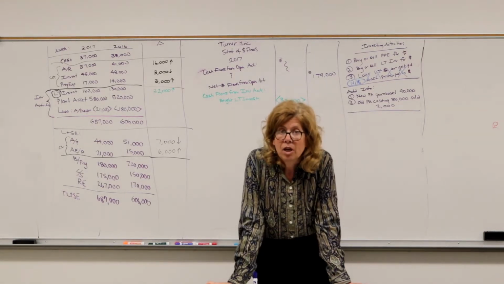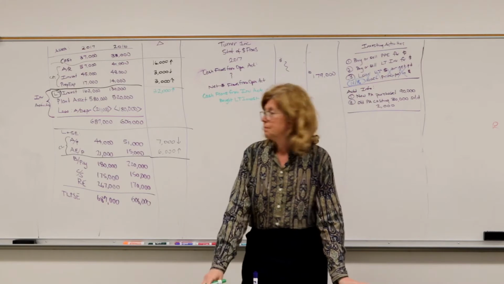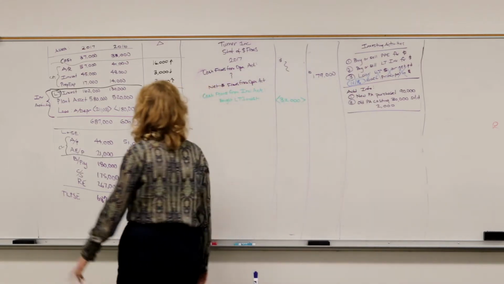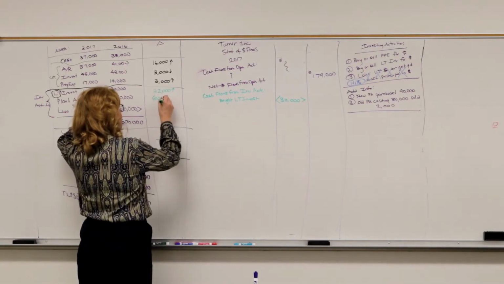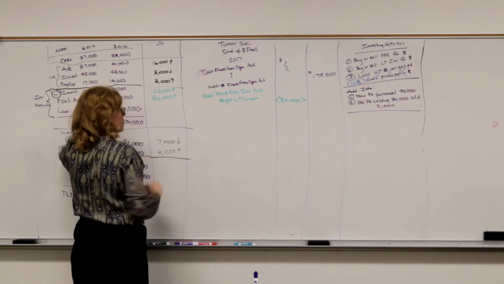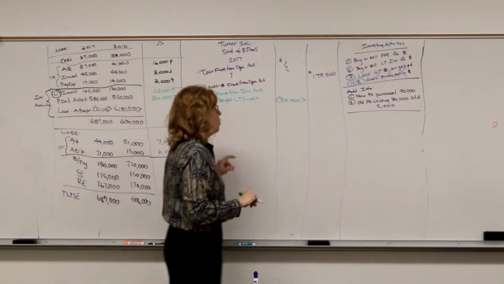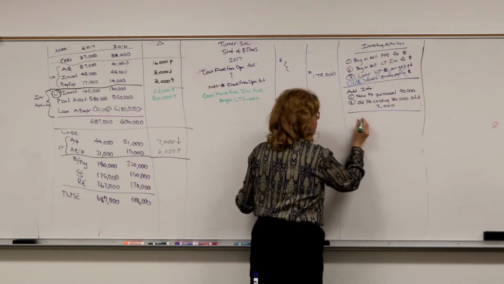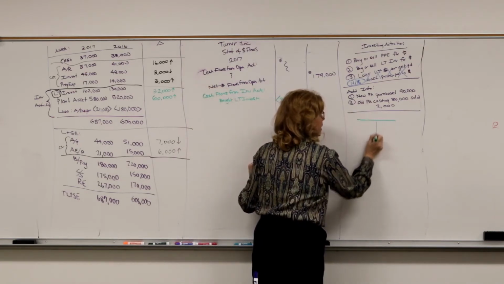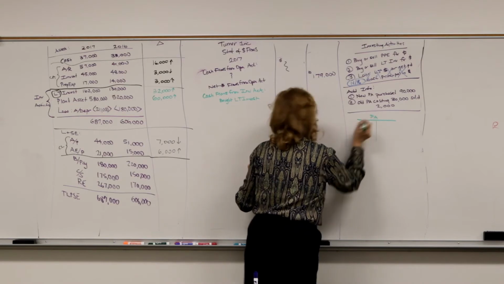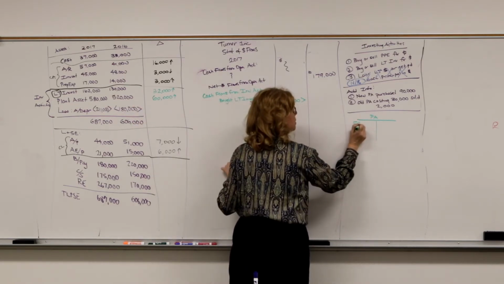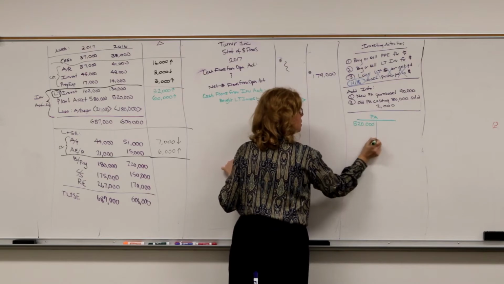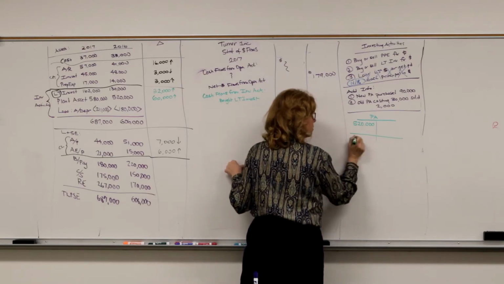Then I want to look at my plant assets. They started out at $520, they went to $580. Let's see if I can account for this $60,000 increase, along with the information that I have. So let's look at plant assets. Originally, right, they were $520. Now they are $580.